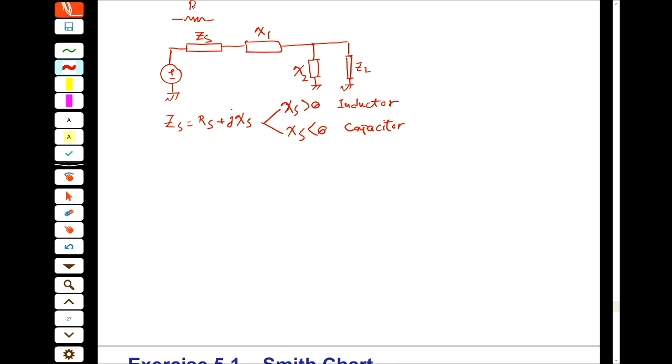I can write this as RS in parallel with an inductor, or I can write it as RS in parallel with a capacitor. So this is actually this circuit.